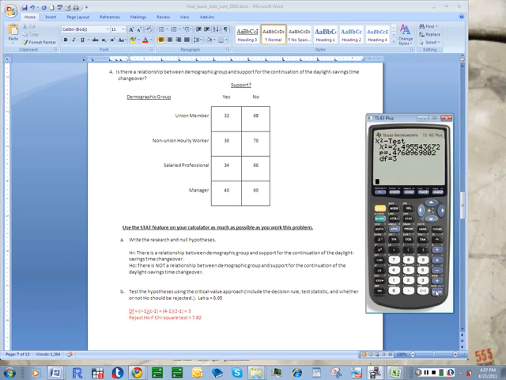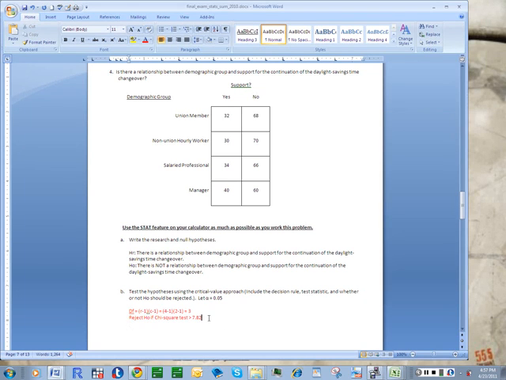Okay, so I got a chi-square test statistic of about 2.5. That is not greater than 7.82.